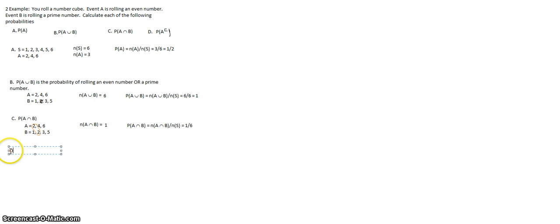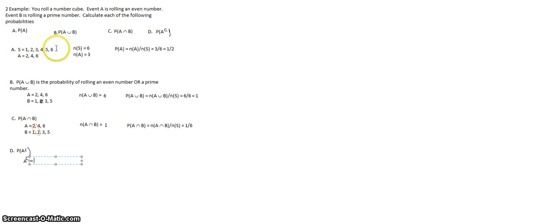Then part D. This time we want to know the probability of that A complement thing. And so this is how we're going to do that. I'm going to use what the complement is: everything that is not A. So I'm going to use this information up here to help me.